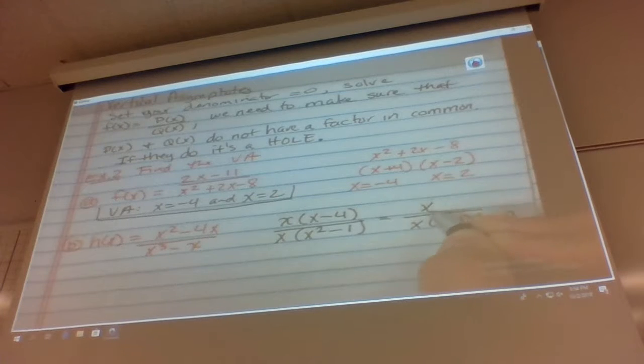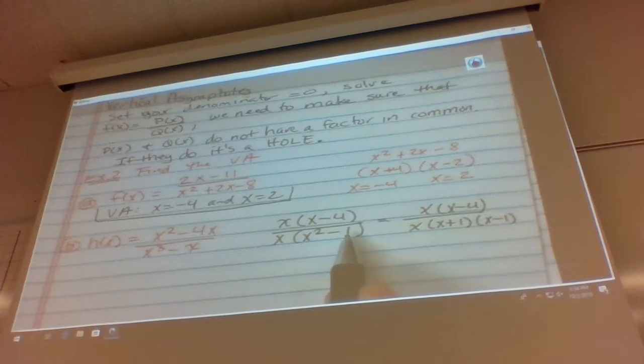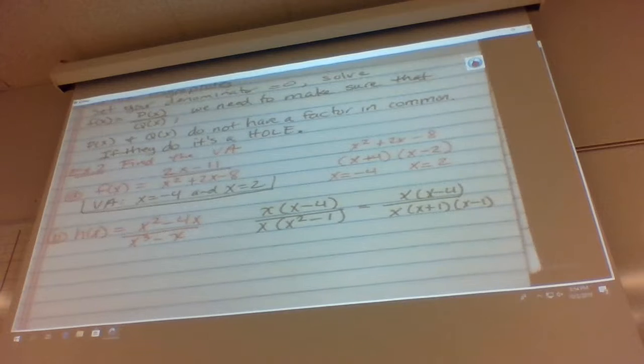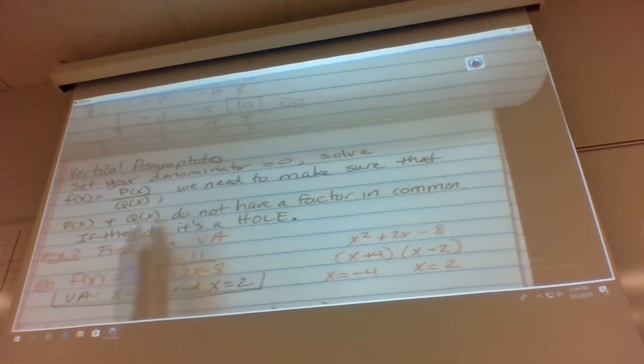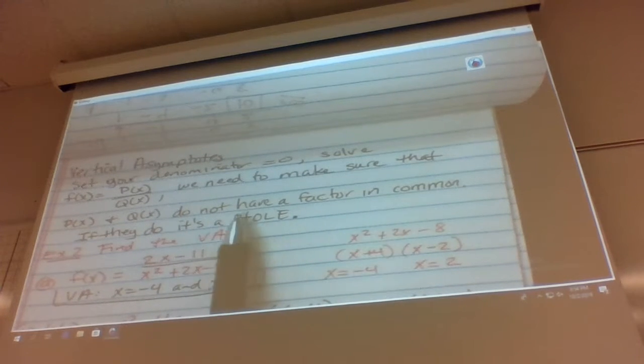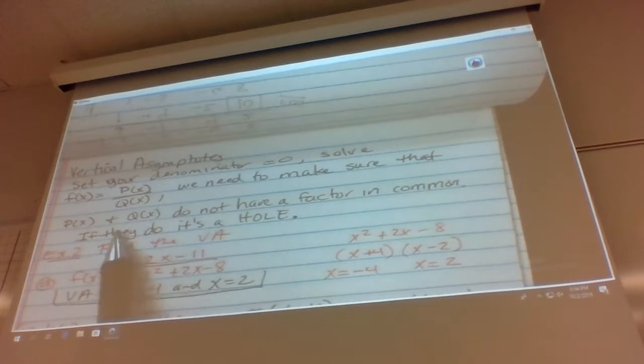Now, remember, you're making sure p and q don't have a factor in common. But if they do, it's a hole. Does the x count? The x counts, because that right there is a hole.